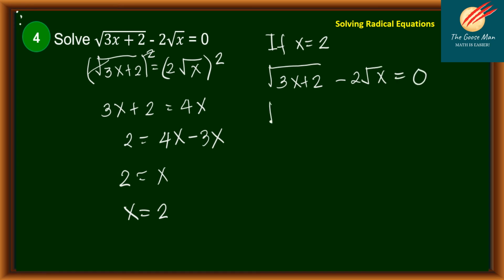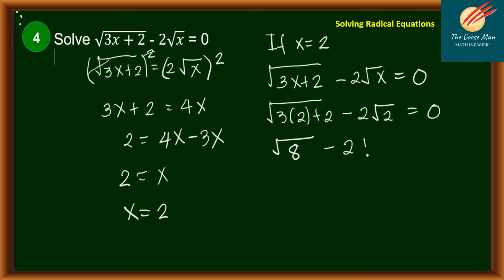So again, we have here square root of 3 times 2 plus 2 minus 2 square root of 2. Is it equal to 0? So we have 3 times 2 is equal to 6 plus 2 is 8. So we have square root of 8 minus 2 square root of 2.